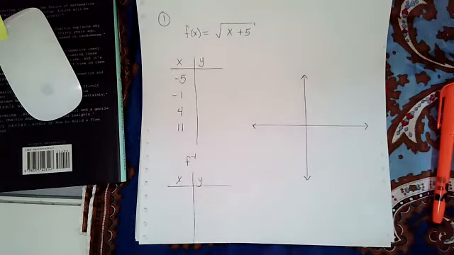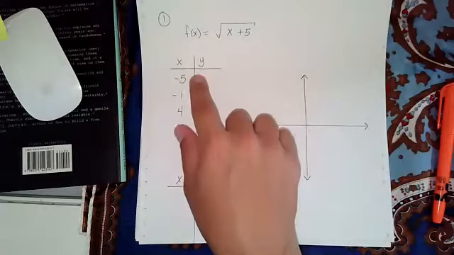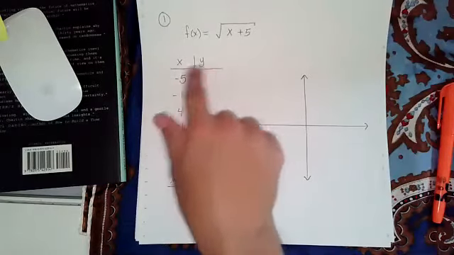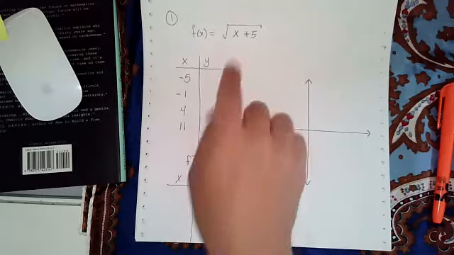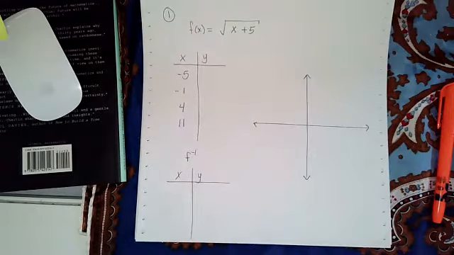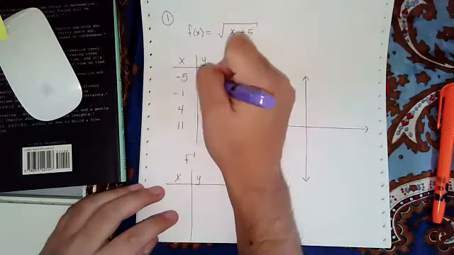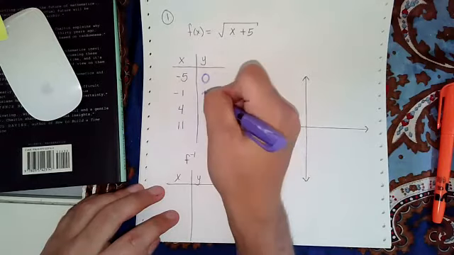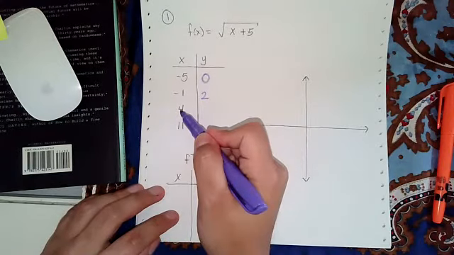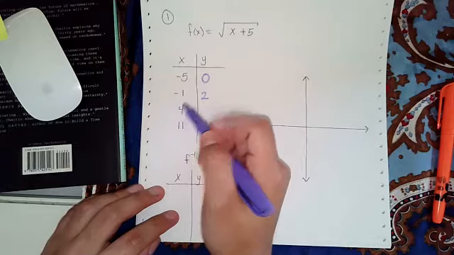Anyhow, let's go ahead and find the outputs for this. Can anybody tell me what the output was if we plug -5 into the equation? 0. Yeah. What about the output when we plug -1 in? 2. And when we plug 4 in? 3.